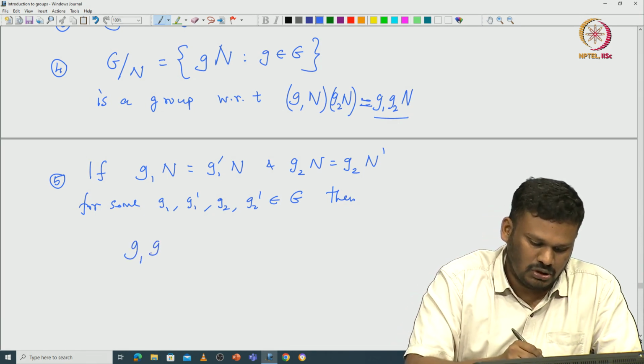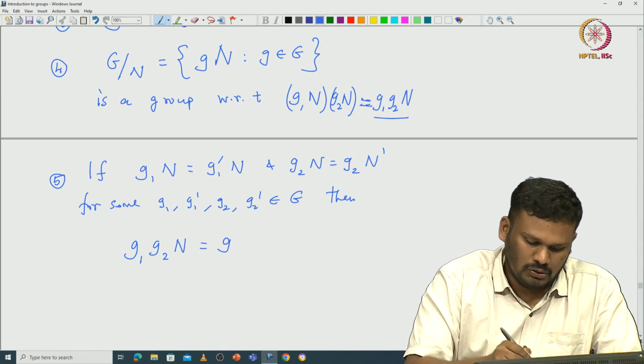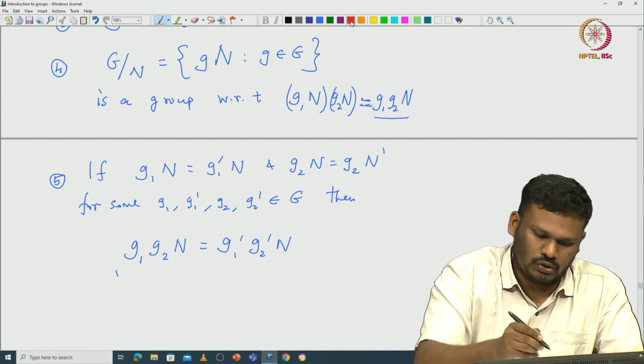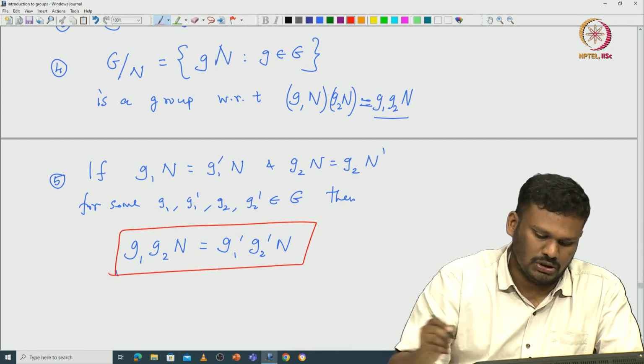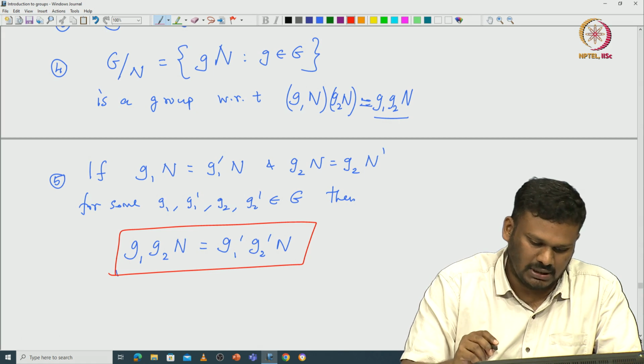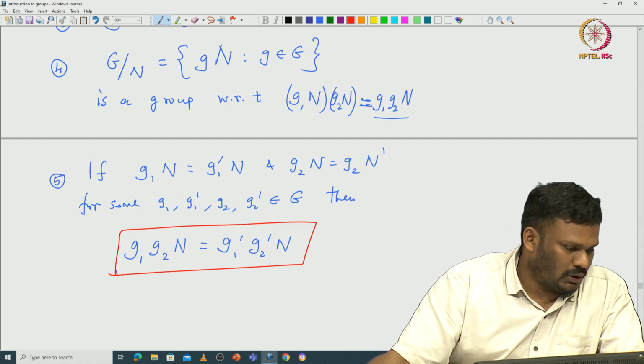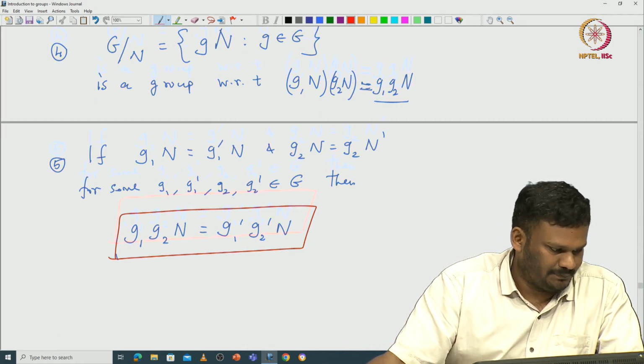So g1g2N should be equal to g1'g2'N. This should be true for all g1, g2 and g1', g2'. So this you can take to be the fifth definition.